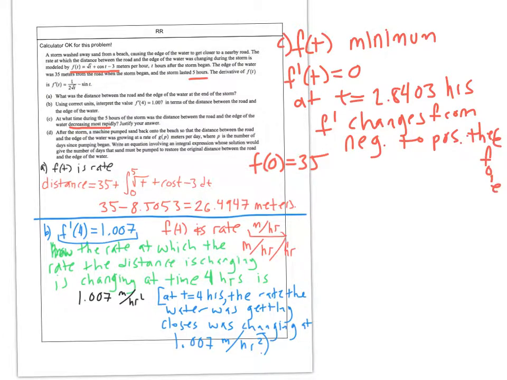Therefore, you like my sort of sideways word? f of t is at its most negative, or I'm going to say at a minimum. And that's the only minimum on this interval.